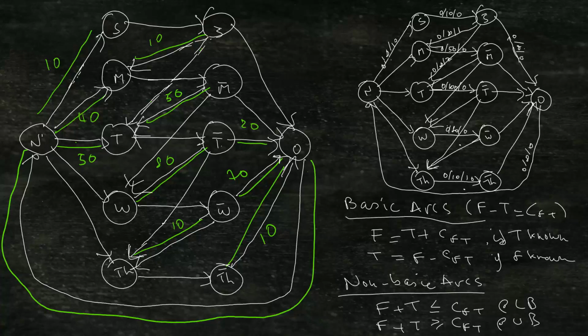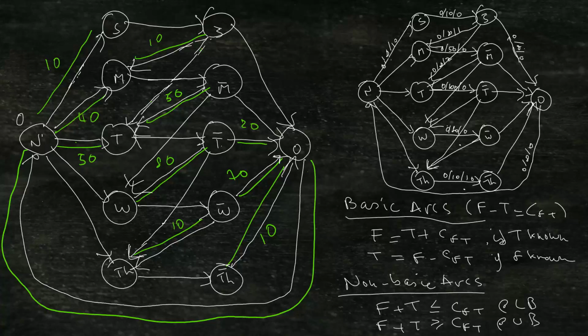Okay, so now we are going to determine the nodal prices, and we can assign n arbitrarily to 0, and n goes through to... there are three basic arcs connected to n, and it's all from to, so we know the from in all three cases.